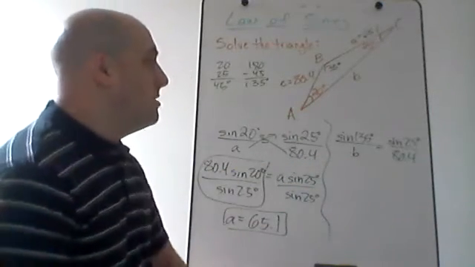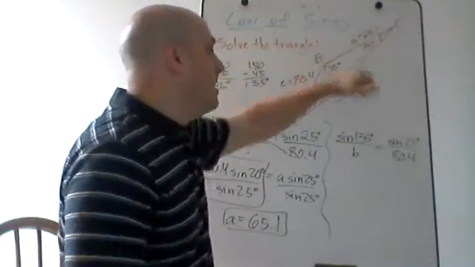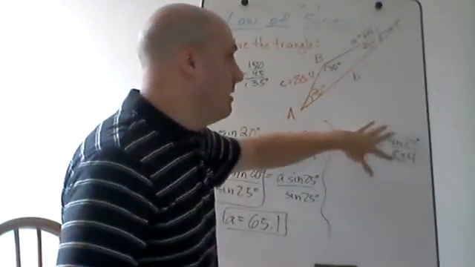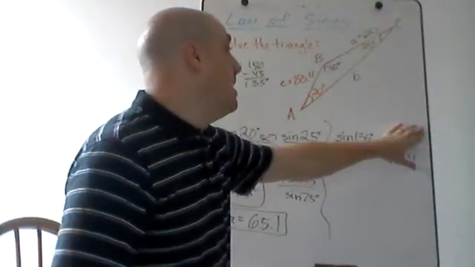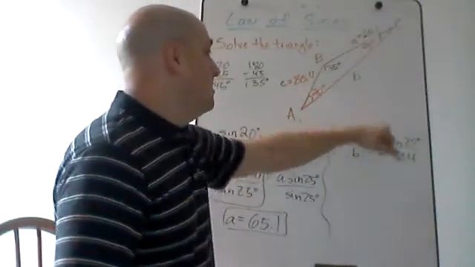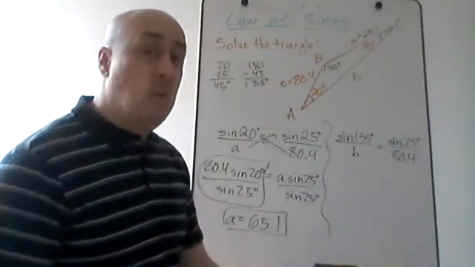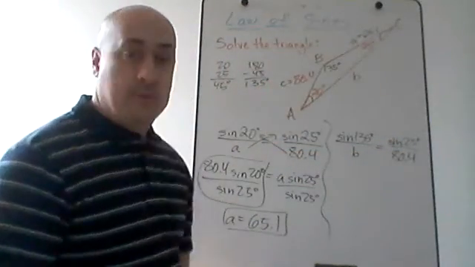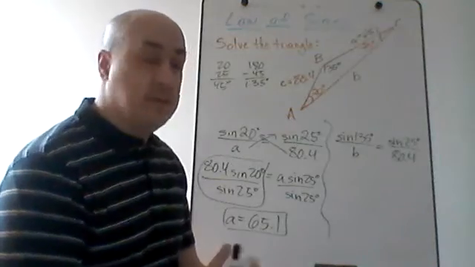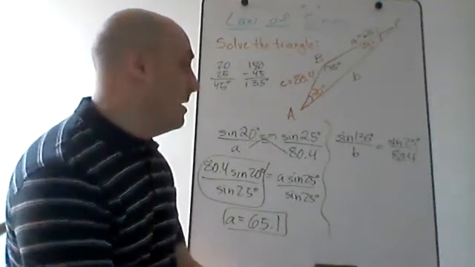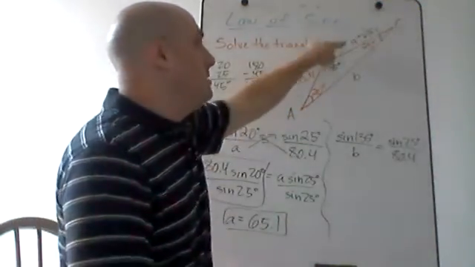Now at this point I would have a choice. Now that I know what side A is, I could set this up so that over here, instead of this stuff for side and angle C, I could use sine of 20 degrees over 65.1. The reason I don't want to do that though is because side A was not exactly 65.1. It was 65.066 something, a long decimal. So this is a rounded off answer.